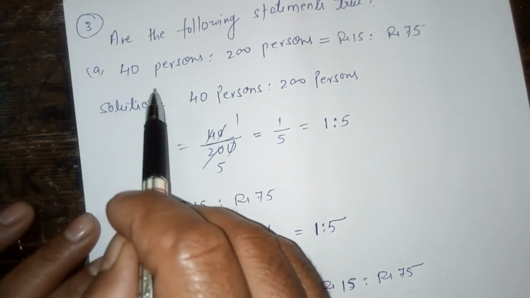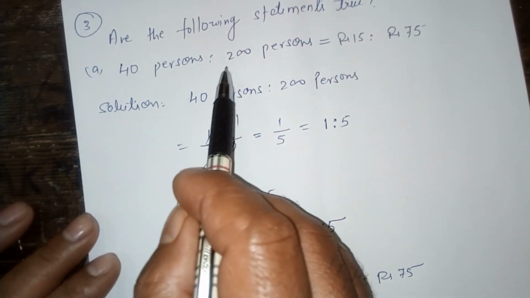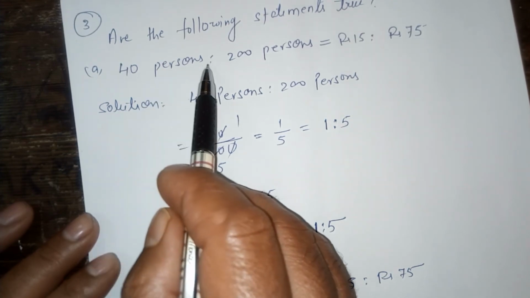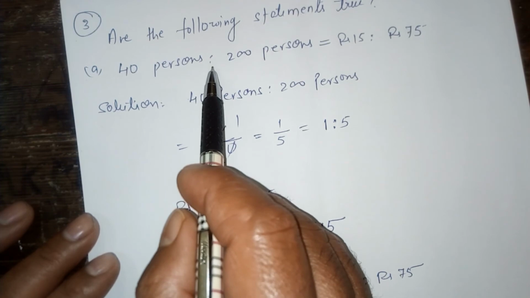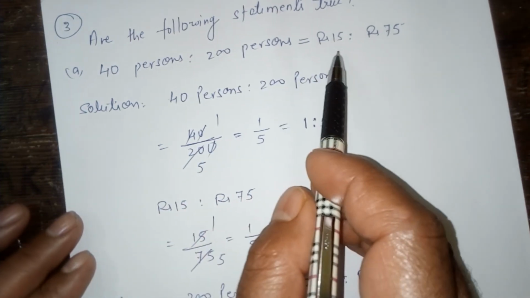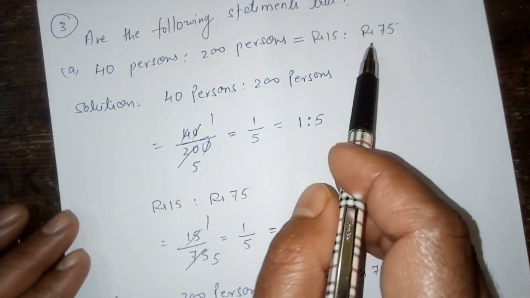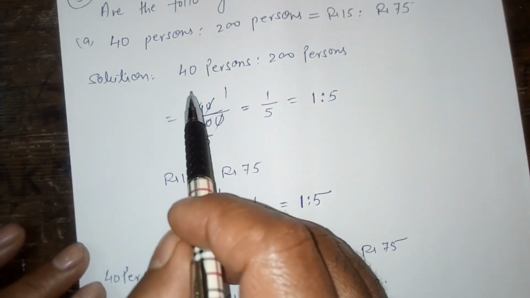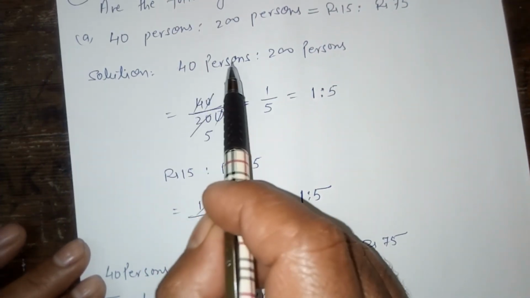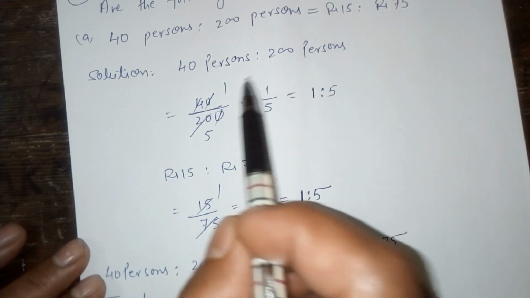Part A: 40% is to 200% is equal to rupees 15 is to 75. In this question we will find out the ratio of 40% is to 200%.